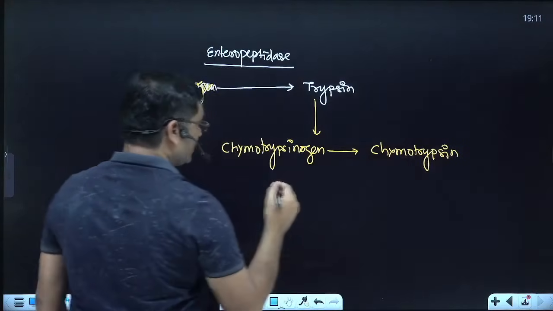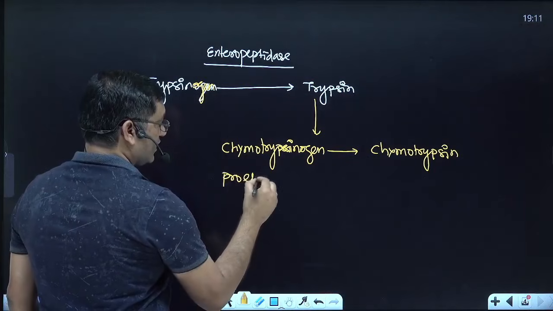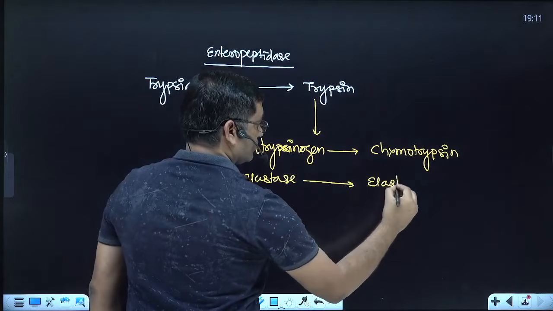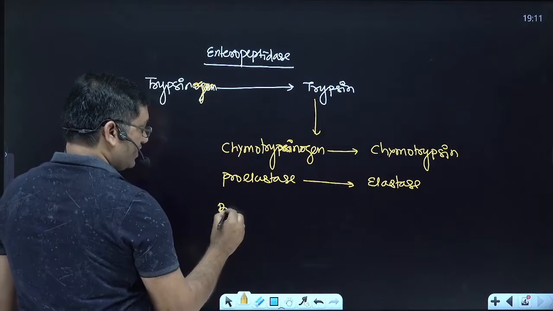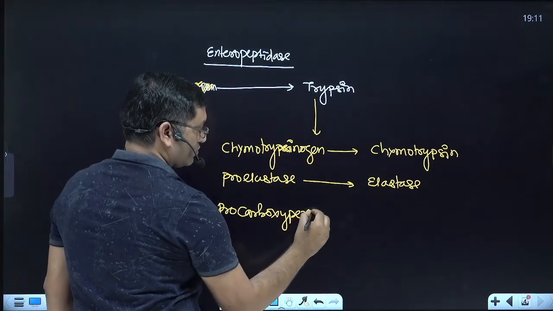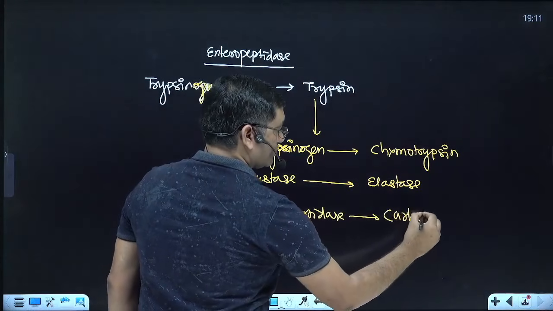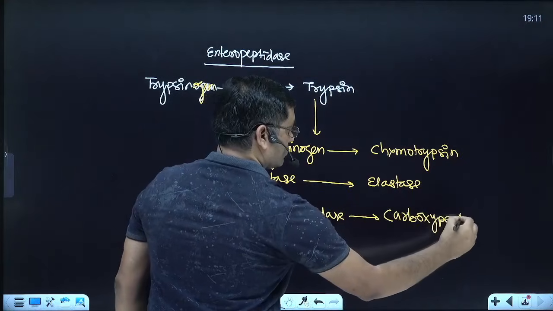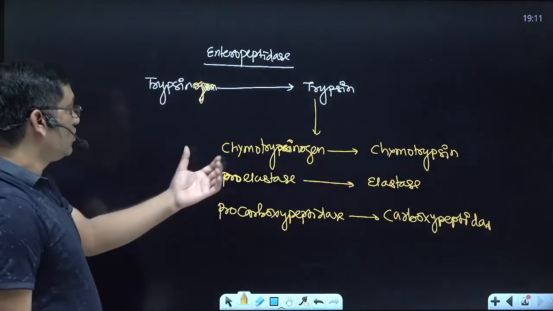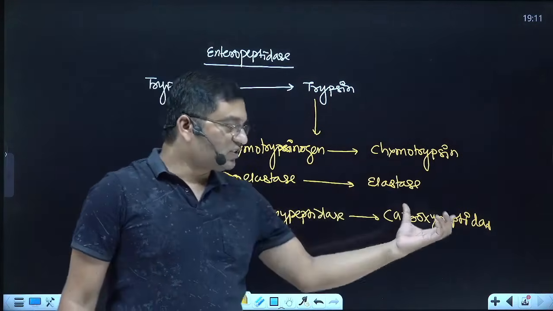It also catalyzes the conversion of proelastase into elastase, and procarboxypeptidase into carboxypeptidase. So this is by the trypsin. Trypsin causes the conversion of chymotrypsinogen into chymotrypsin, proelastase into elastase, procarboxypeptidase into carboxypeptidase.